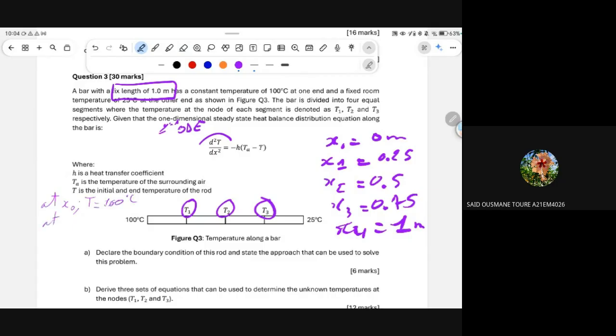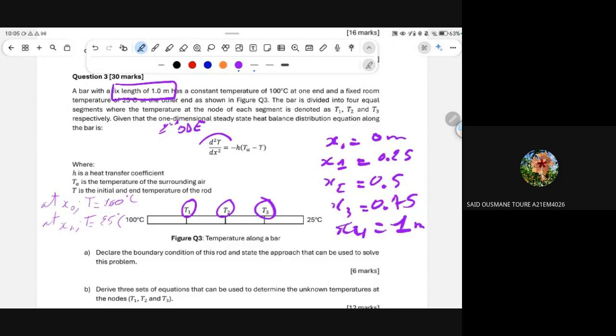At xn, T equals 25 degrees Celsius. So do we know both boundary conditions, the initial and the end, or we don't? We do. Exactly. So here we have a BVP. That's how we know we have a BVP. They give both. So your goal is to identify the boundaries. What are the boundaries? From there you can proceed.